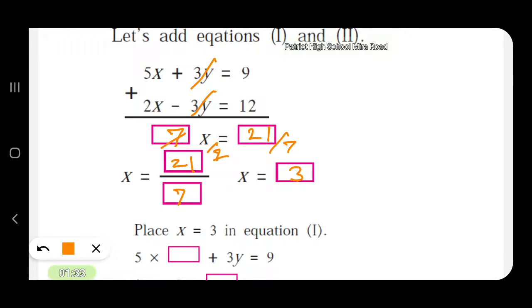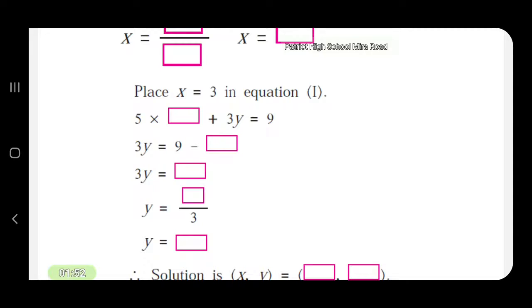Now finding the second variable, we have to make use of equation number 1, and in place of x we will write the value of x which we have obtained just now, which is 3. Therefore 5x, earlier it was x.